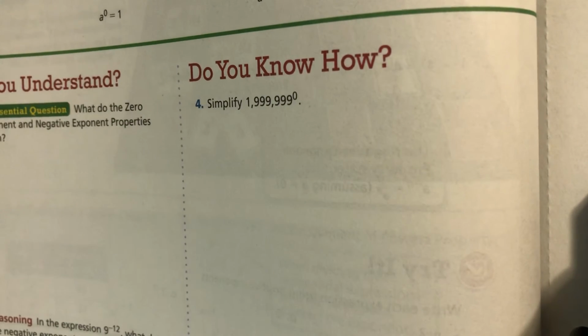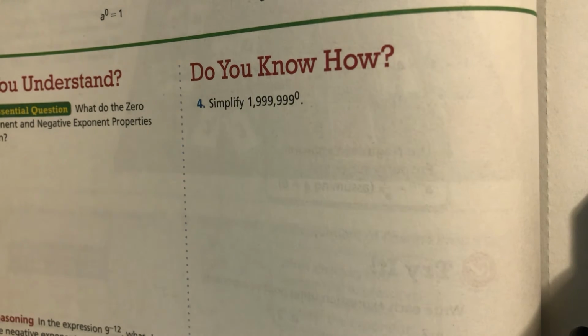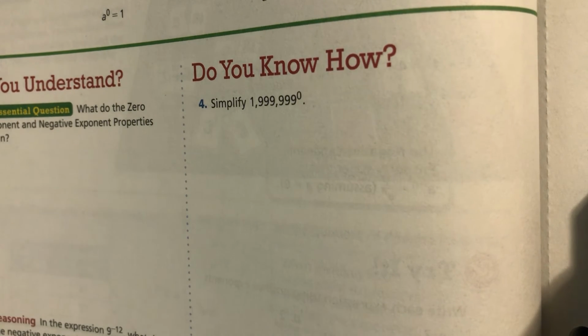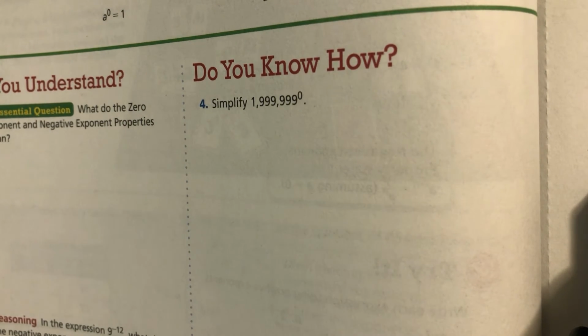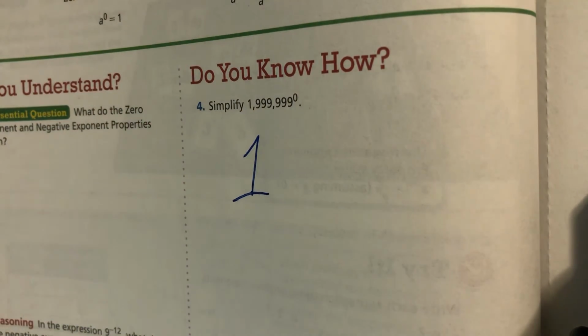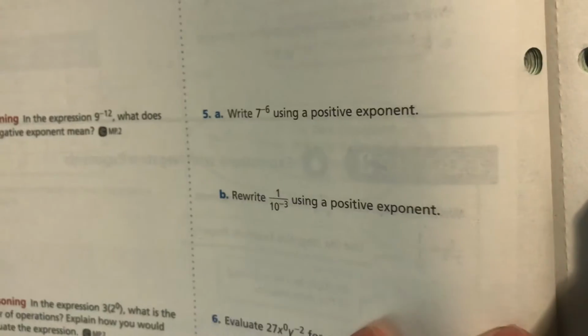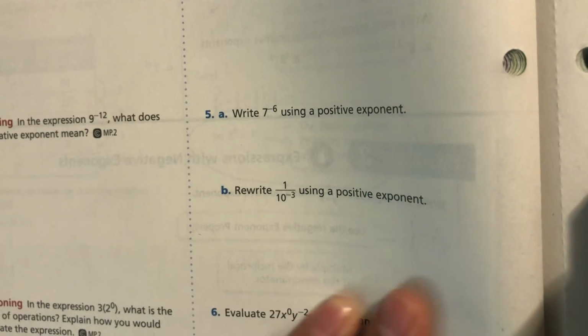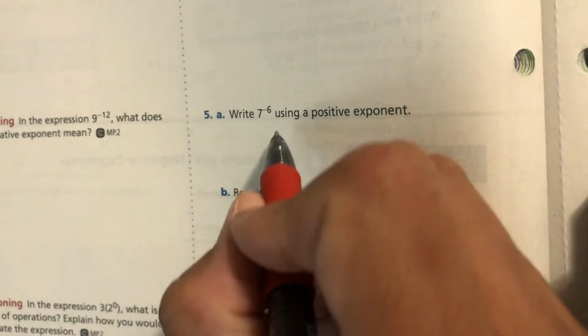It's always going to come out to 1. Now, they leave you that whole space, but ultimately, you just need to know anything to the 0 is 1. Let's write 7 to the negative 6th using a positive exponent.